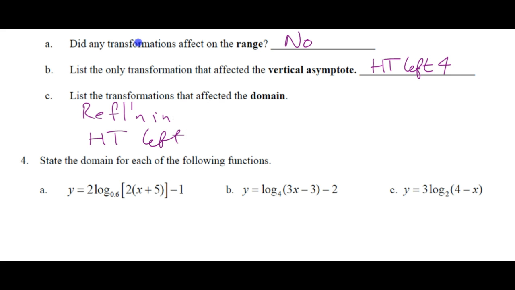Yeah, sorry, reflection in the y-axis. So a horizontal translation or a reflection in the y-axis will change the domain.